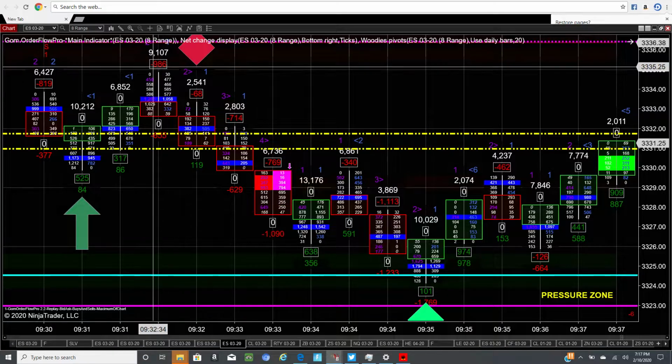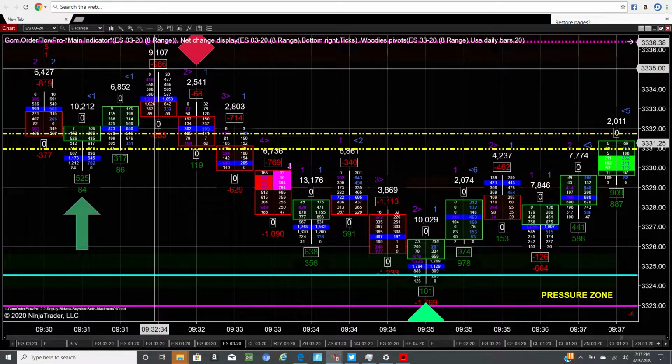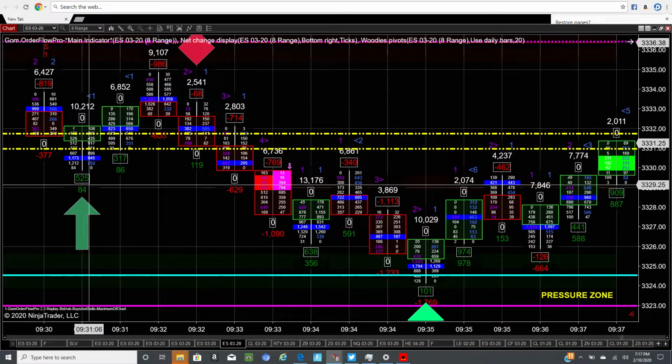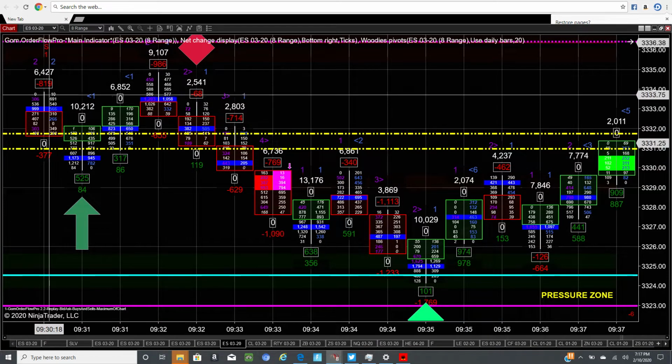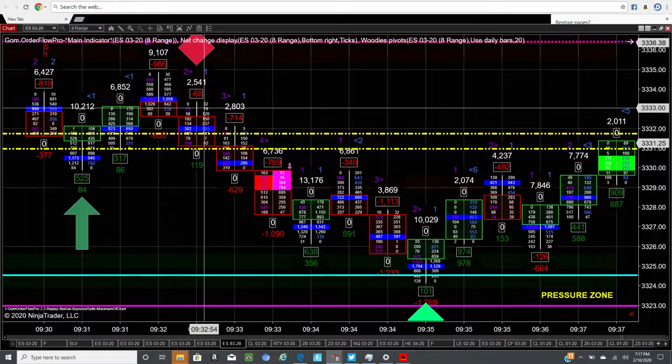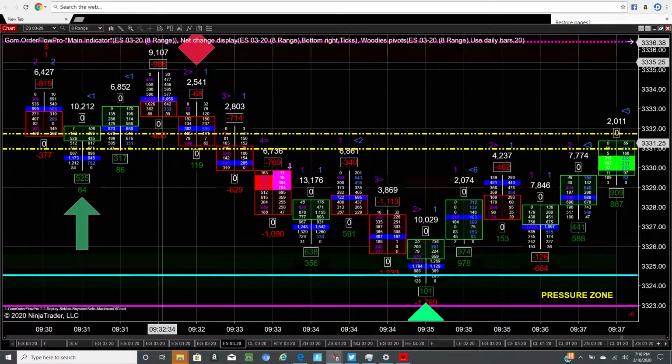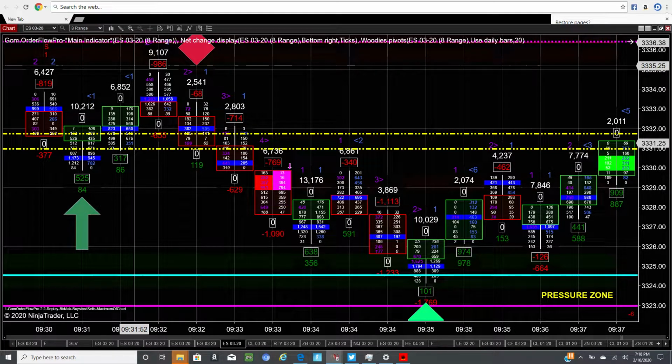The numbers inside the box, like negative 986, positive 317, positive 525, negative 819, that is called the COT, or commitment of traders. Don't confuse this with the commitment of traders that the CFTC puts out every week. This is completely different, and the COT is a measure of pressure.